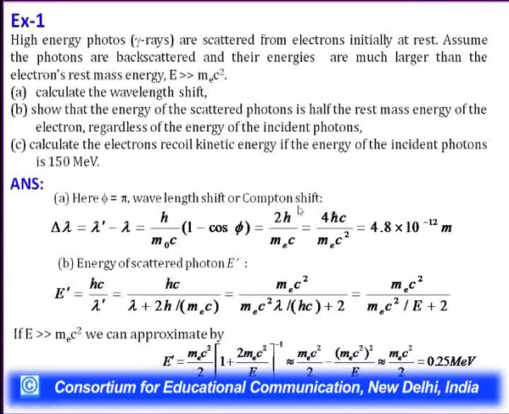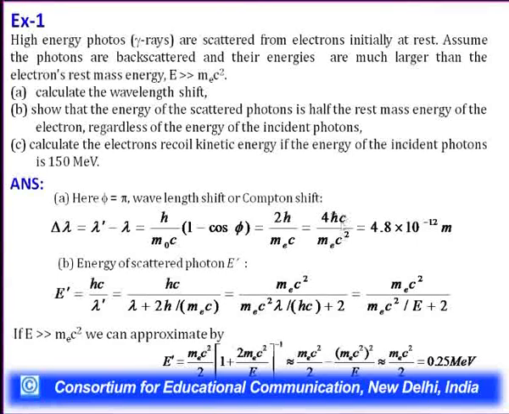The wavelength shift, or Compton shift, is calculated as delta lambda equals lambda dash minus lambda, which is equal to h by m naught c into 1 minus cos phi. Then we have 2h by m_e c, which can be written as 4 h bar c by m naught c squared.